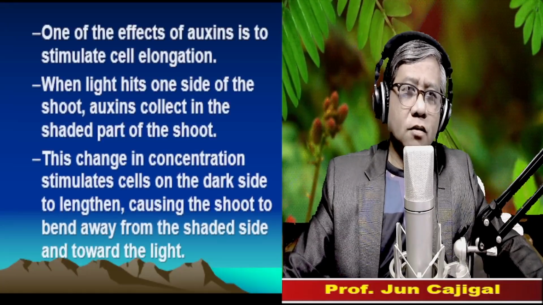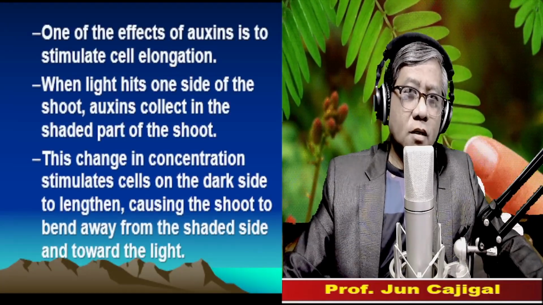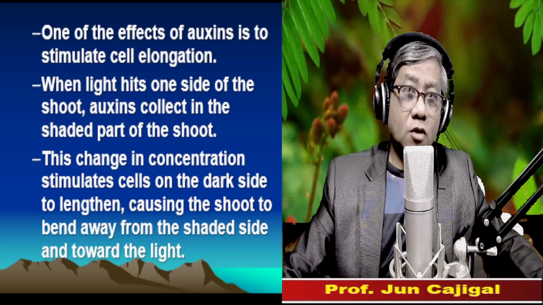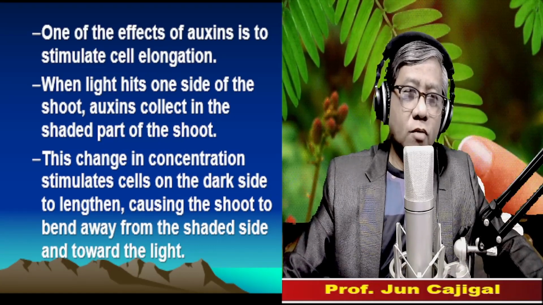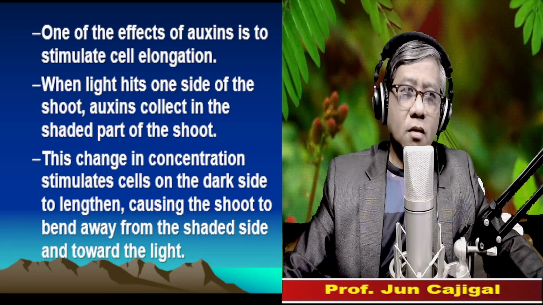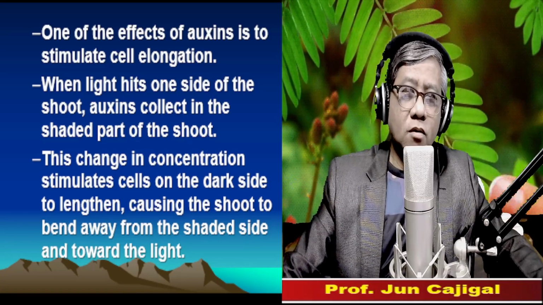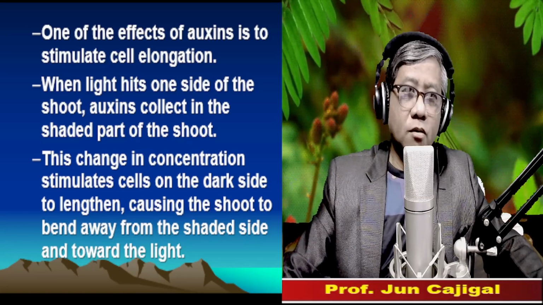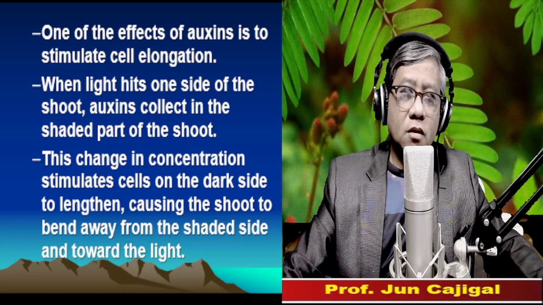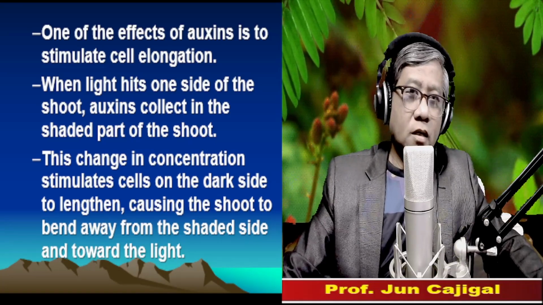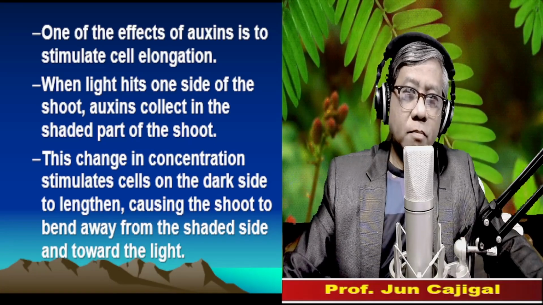So one of the effects of auxin is to stimulate cell elongation, like I mentioned a while ago. When light hits one side of the plant shoot or the plant organ, auxin is redistributed in the shaded part of the plant shoot.